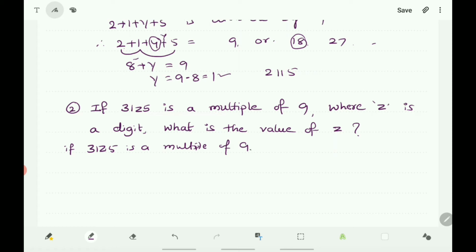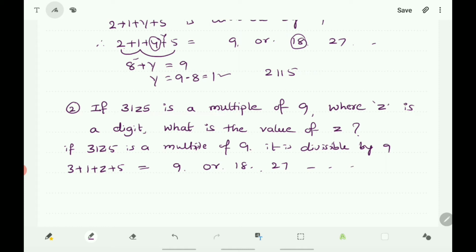So if it is divisible by 9, the sum of all the digits is also divisible by 9. That is 3 plus 1 plus z plus 5 is a multiple of 9, means it is equal to 9 or 18 or 27, and so on.